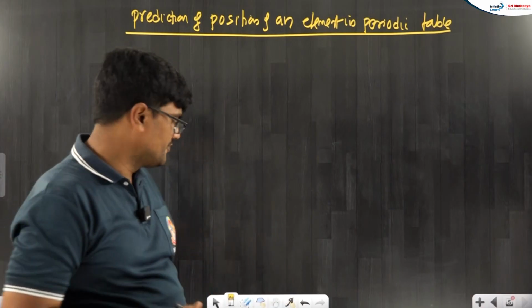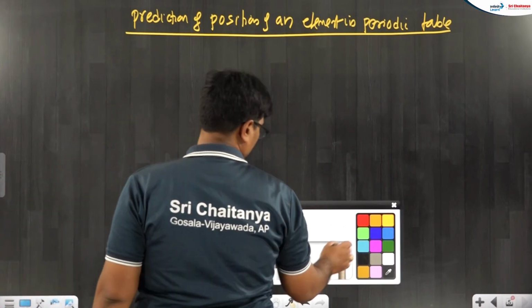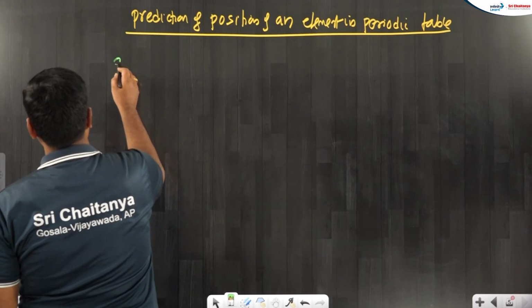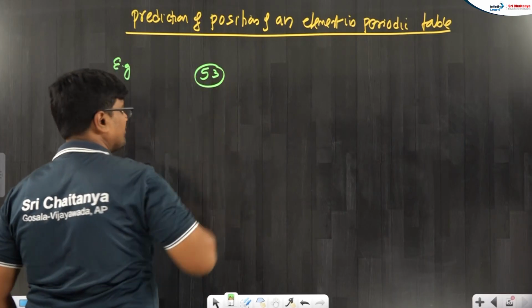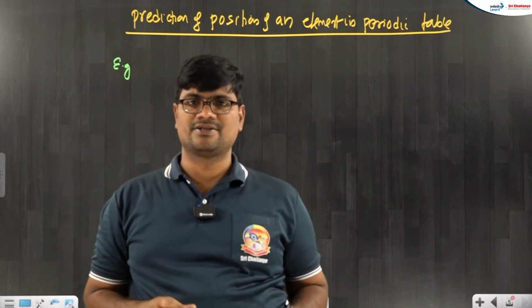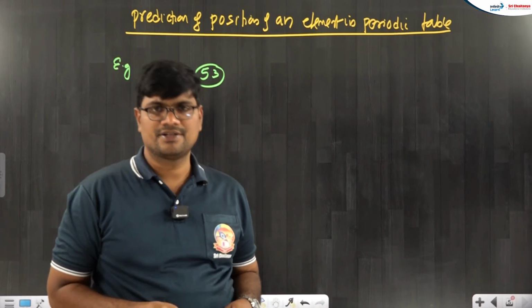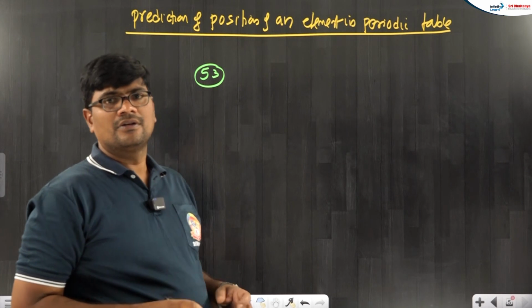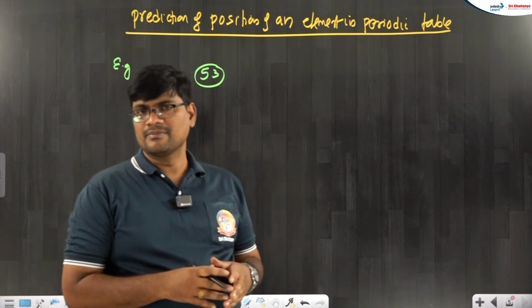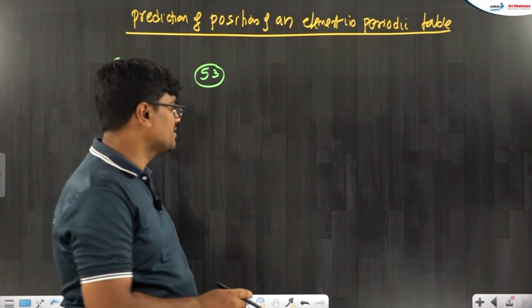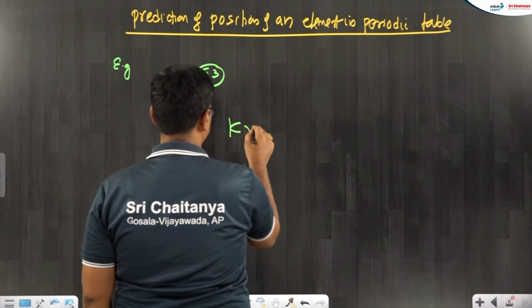For example, I am giving an element with atomic number 53. To write its electronic configuration, we need to know the basic idea. To reach atomic number 53, we need to cross a noble gas, krypton.